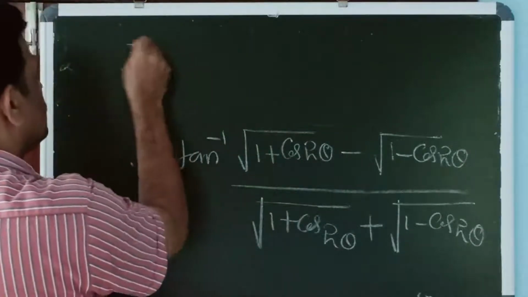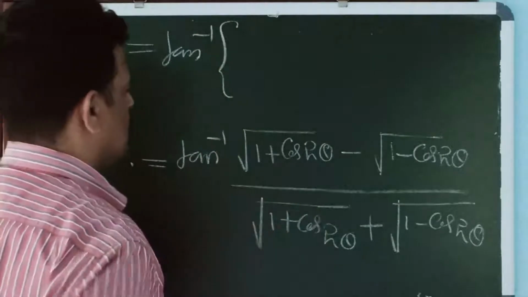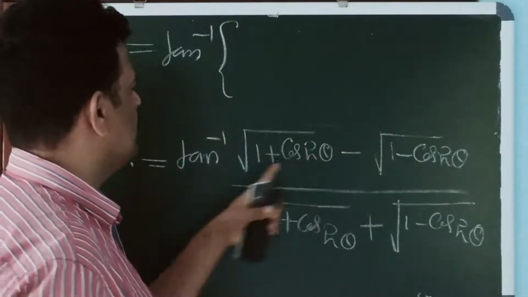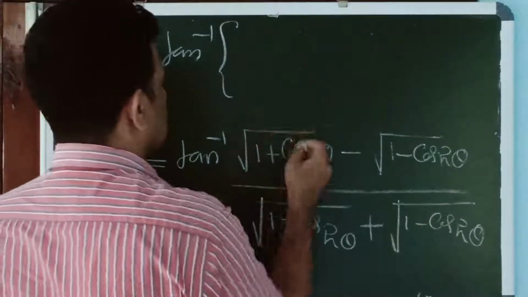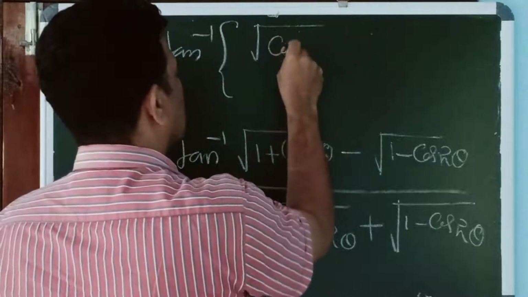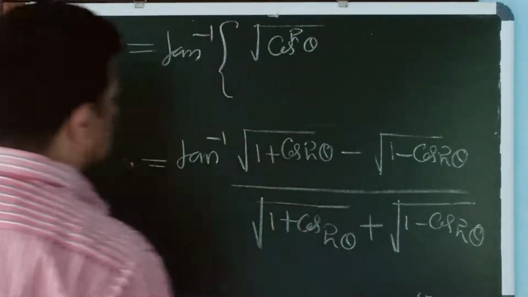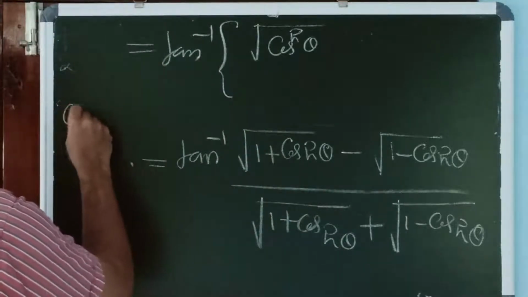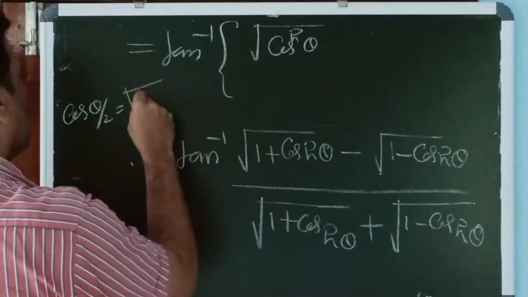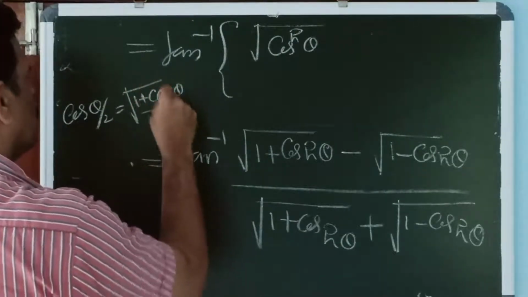Root of 1 plus cos 2 theta means it is the square root of 2 cos square theta, because we have cos theta by 2 is equal to the square root of (1 plus cos theta) divided by 2.